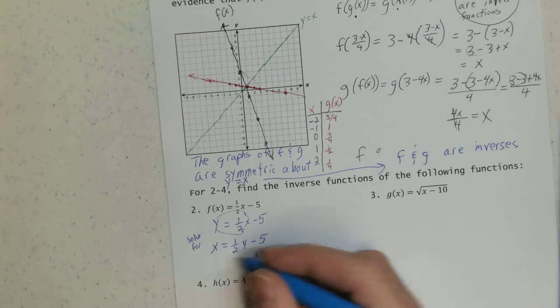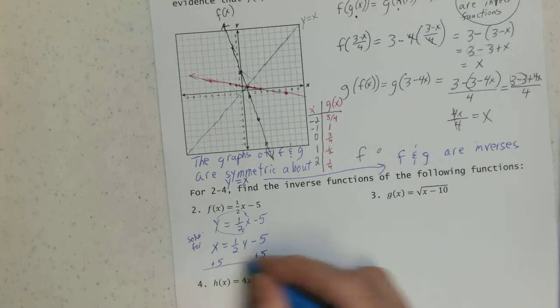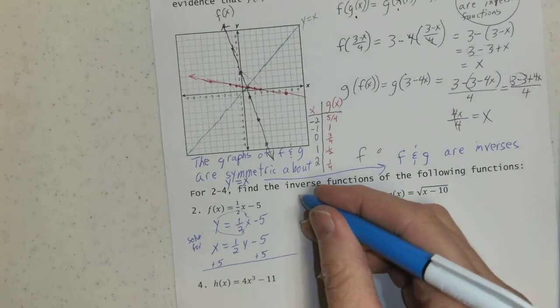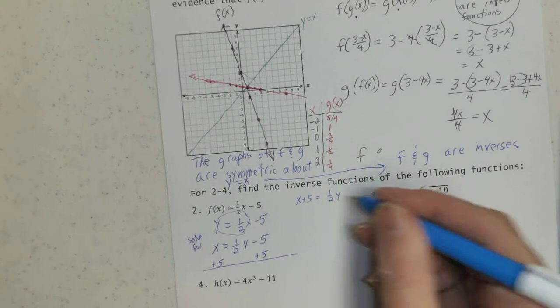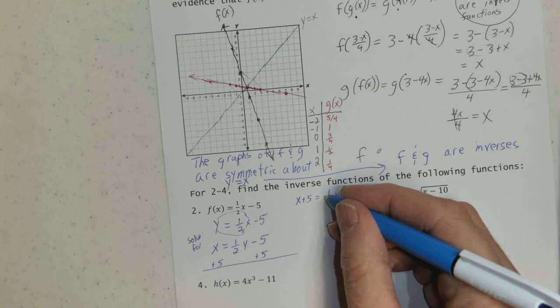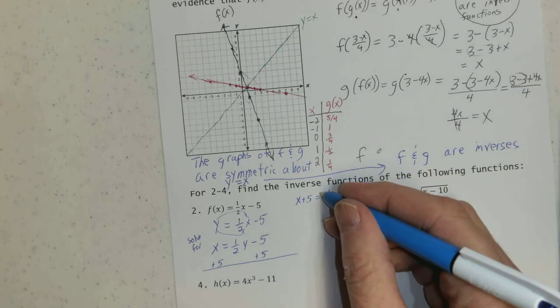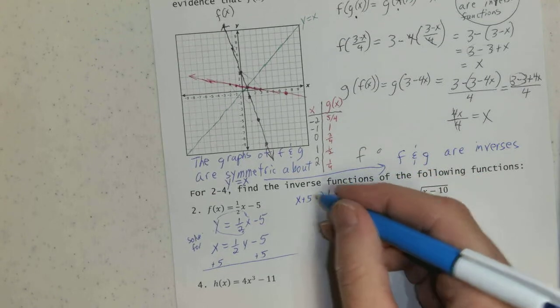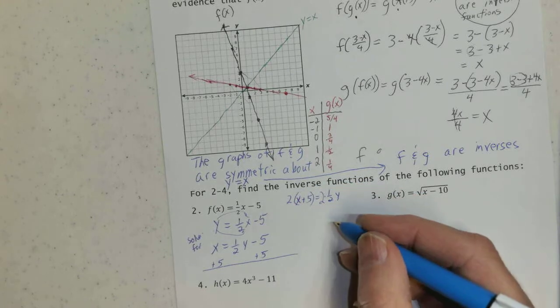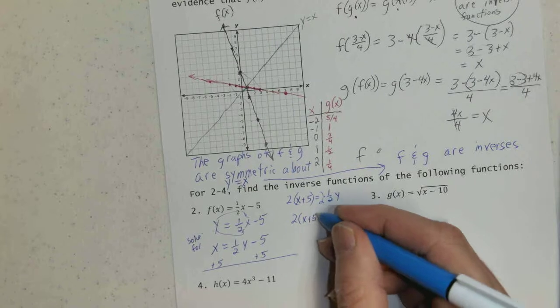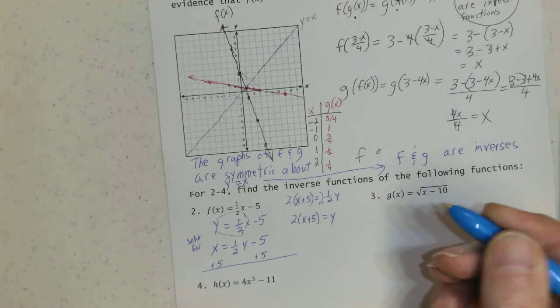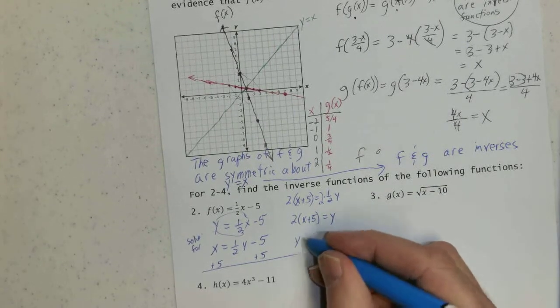So I'll add 5, and I'll add 5. I've got x plus 5 equals 1/2 y. And you could divide by half. I would prefer to multiply both sides by 2. So 2 times x plus 5 is equal to y. You could leave it like that. You could distribute if you want.